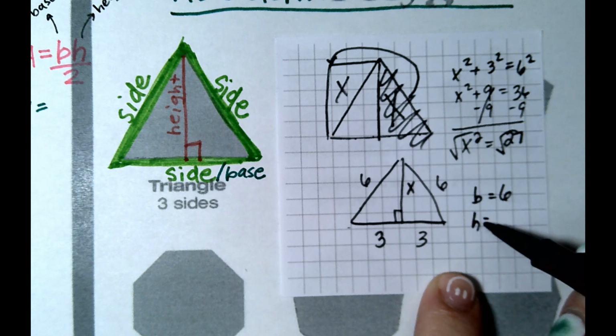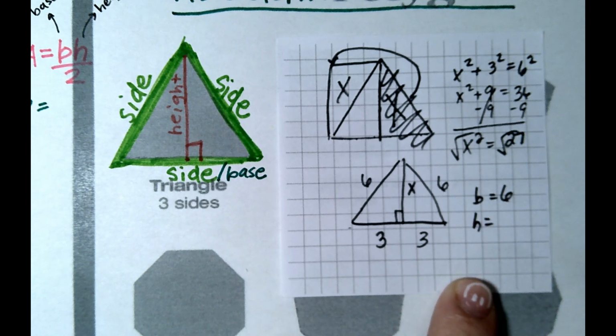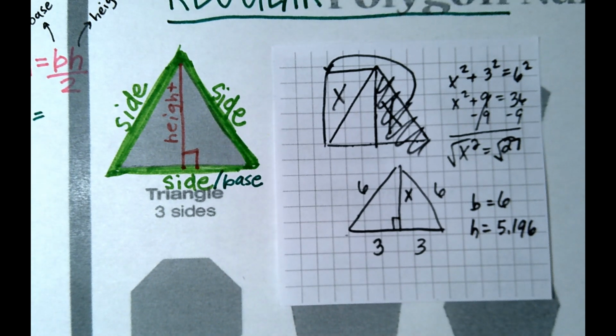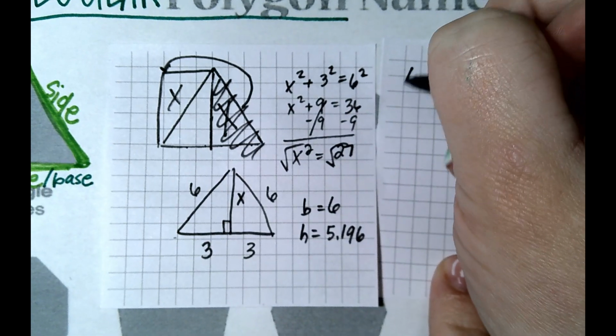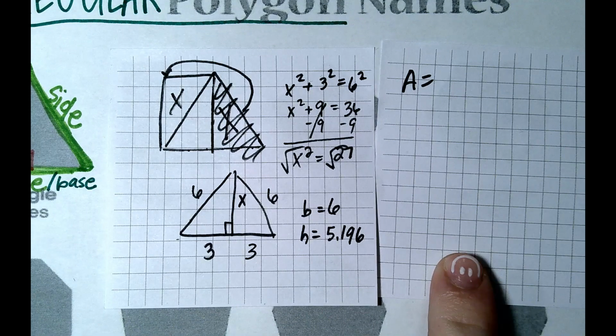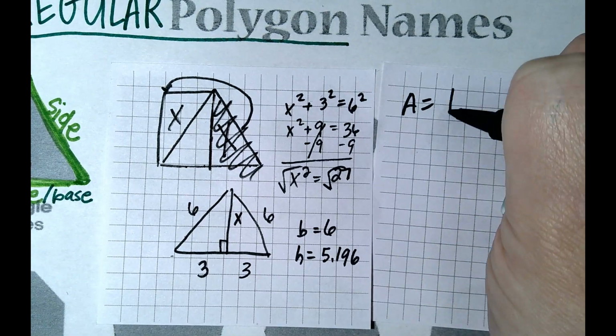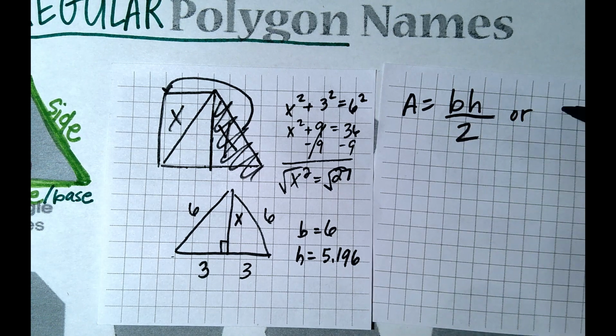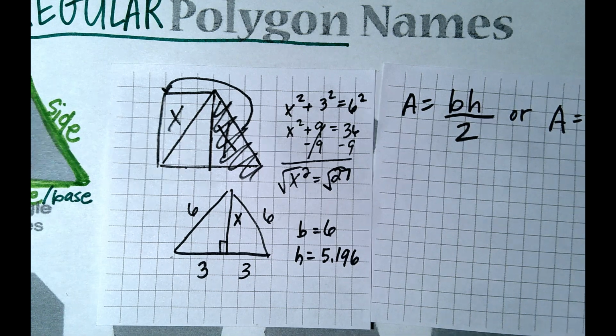My height is, we'll go with 5.196. And our question is, can I do base times height divided by 2 or base divided by 2 times height? Will that make a difference?